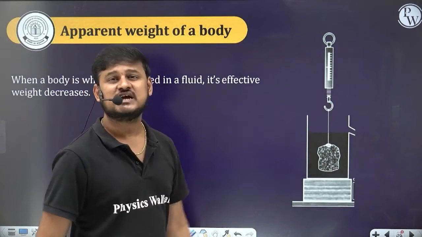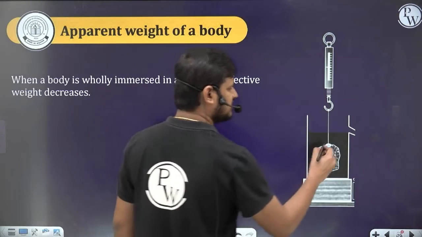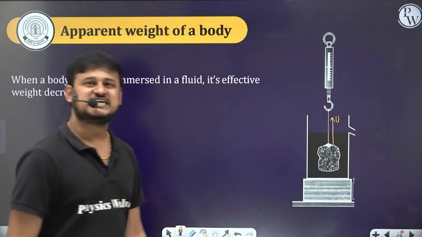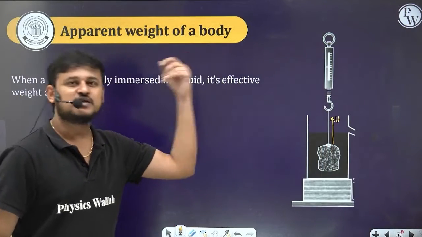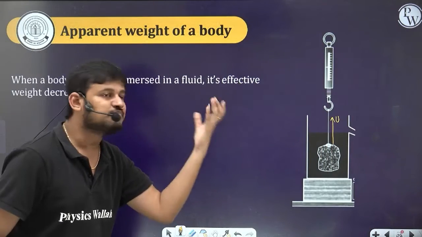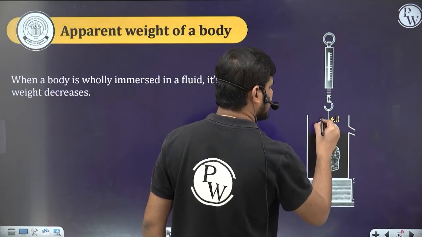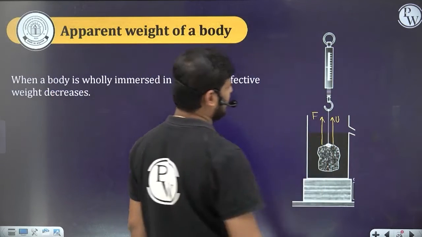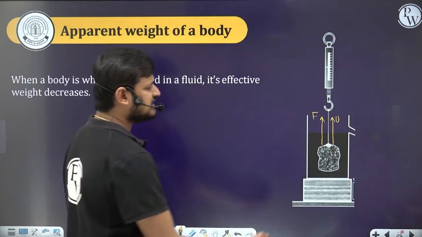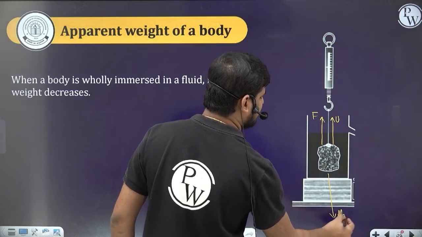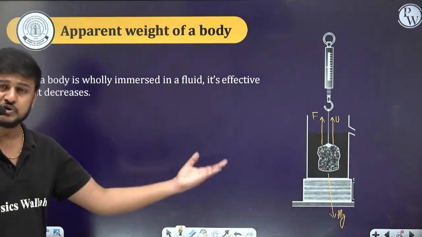What is that? The upthrust, right? On this object which is placed inside the liquid, another force that is acting is the upthrust. Now suppose you are trying to lift it with a force F, and let its weight be mg. Just draw the free body diagram, Newton's law.